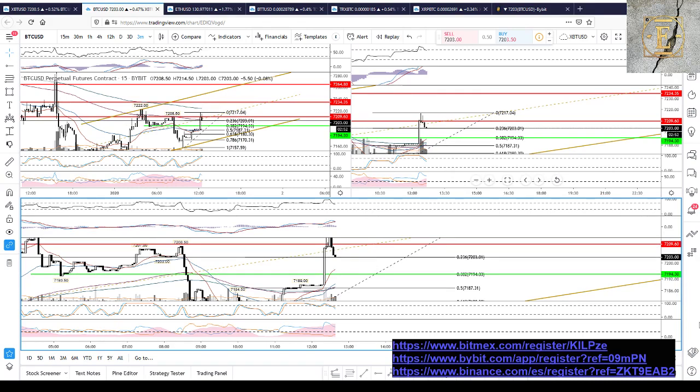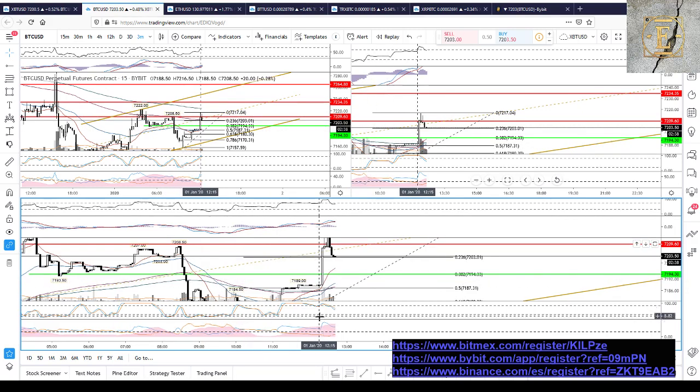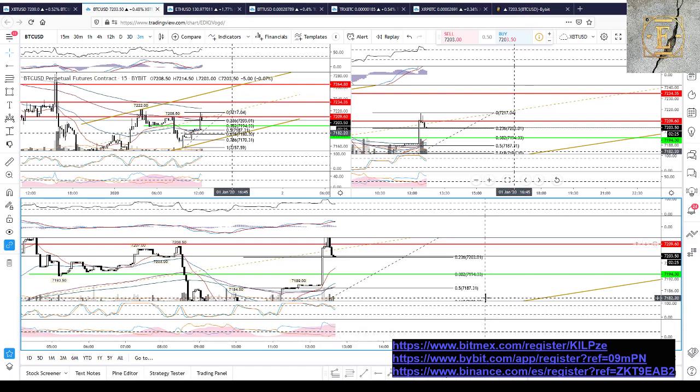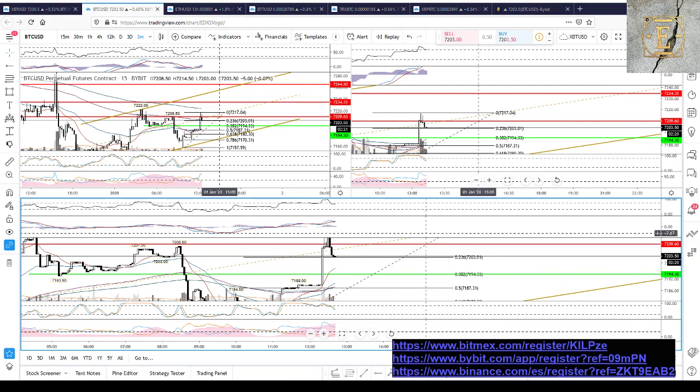Changing the candlestick. Anyways, it's Sunday, so Sunday it's the New Year. So I guess volume is lower and lower on the BYBIT.